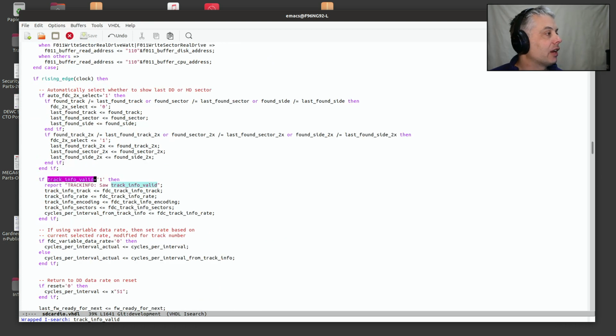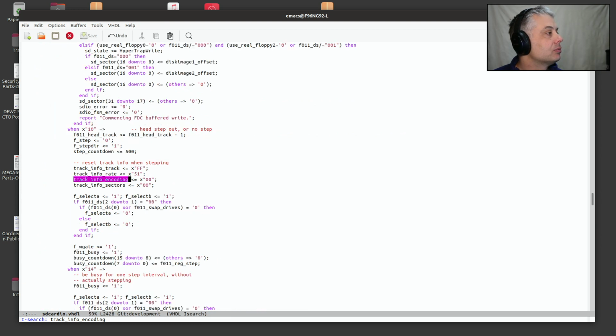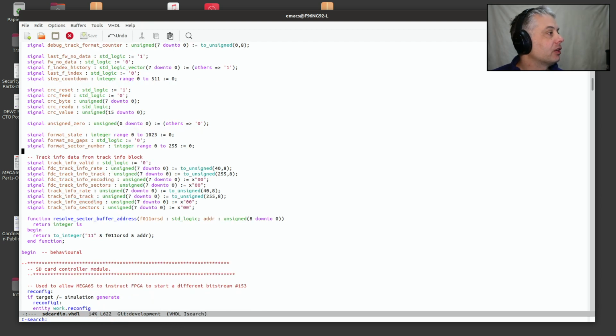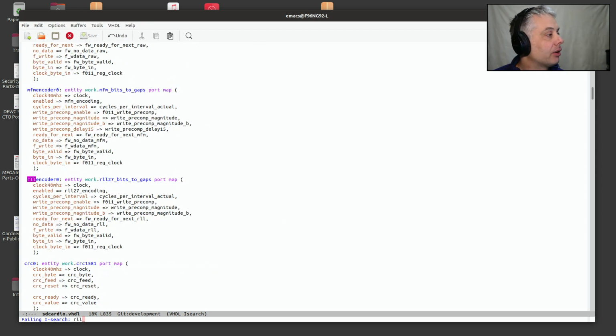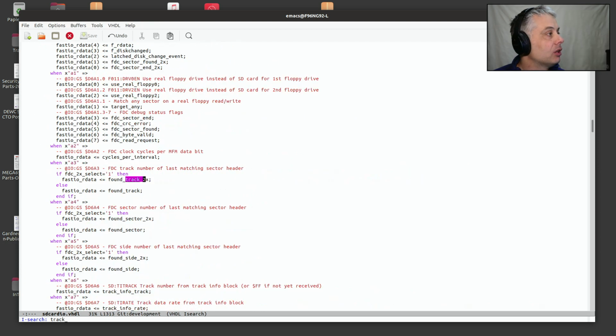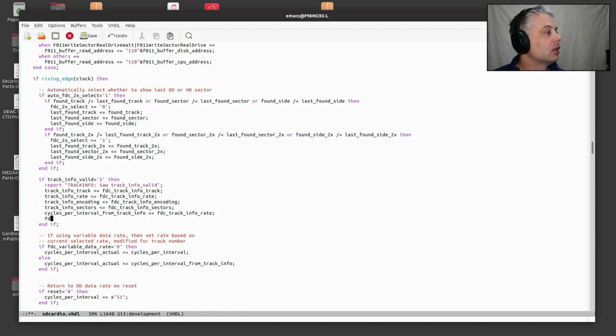Right, so if we get a valid encoding, what I'm trying to find is RLL encoding. Oops, RLL 2,7 encoding. We just need to set the encoding format. So it's FDC encoding mode. Track info valid. FDC track encode.